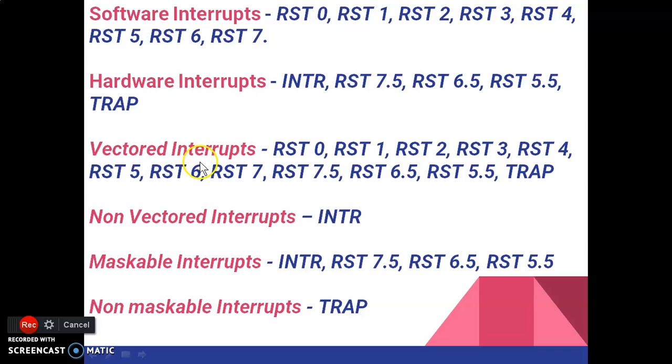Then vectored interrupts are the ones which have the subroutine starting memory address prefixed, which are RST 0, 1, 2, 3, 4, 5, 6, 7, then RST 7.5, 6.5, 5.5 and TRAP. Then we have only one non-vectored interrupt, which is INTR, and the non-maskable interrupt is also only one, which is TRAP. Then the maskable interrupts are INTR, RST 7.5, 5.5 and 6.5.